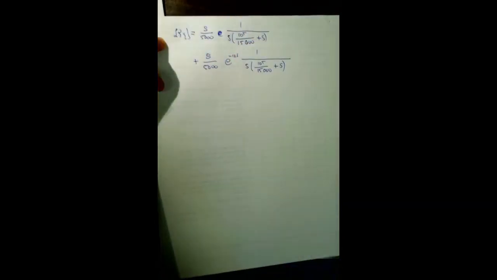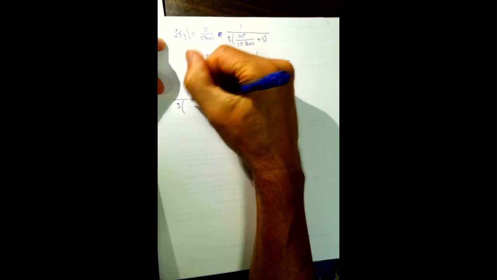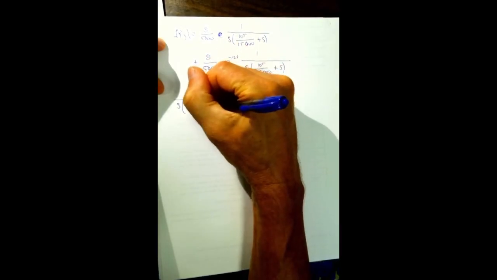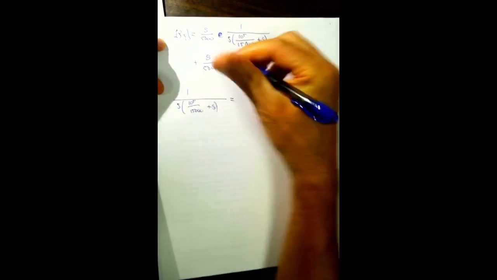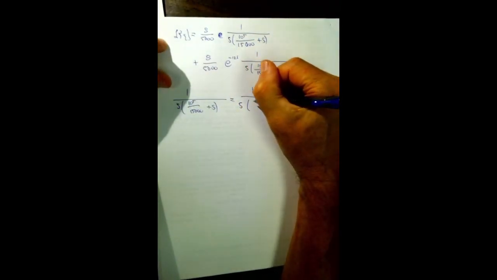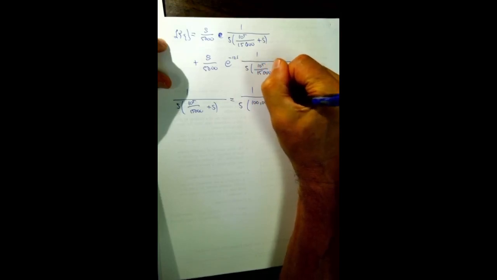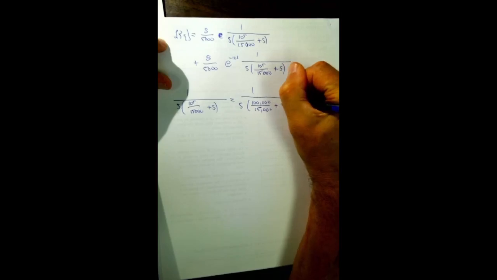Both of these terms have something that looks like 1 over s times 10 to the 5th over 15,000 plus s. Let me clean that up a little bit. So 10 to the 5th is what, 100,000? Divided by 15,000 plus s.